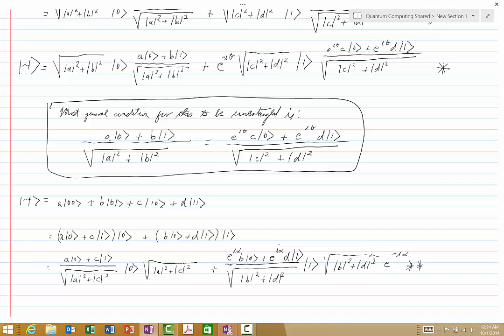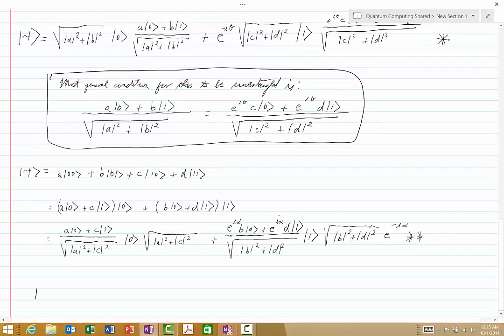But let's now look at these two expressions, and I want to point out some interesting features that will help us to come to a useful result. Okay, so if we look at equation star, and first of all, let me say, if C is unentangled, then what can we say?